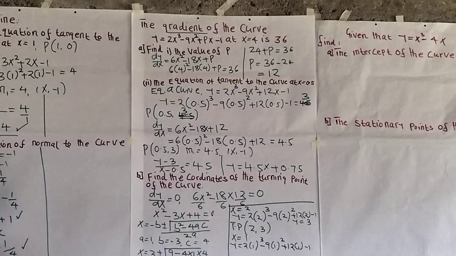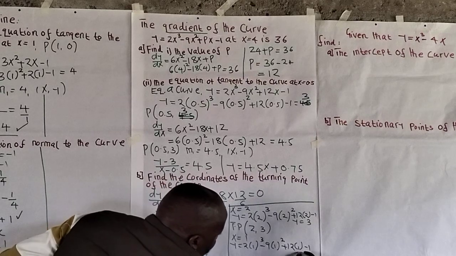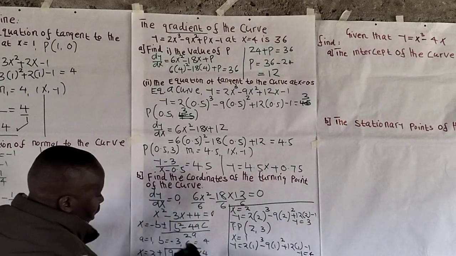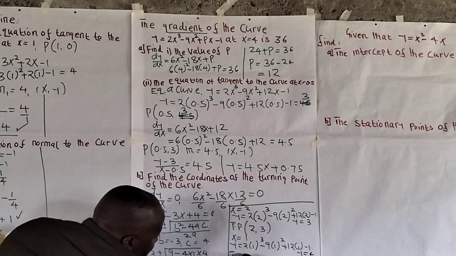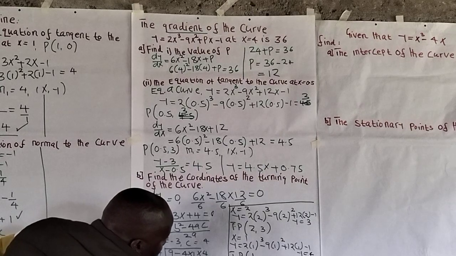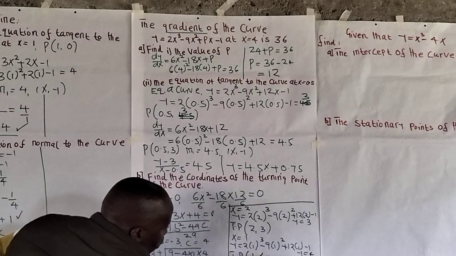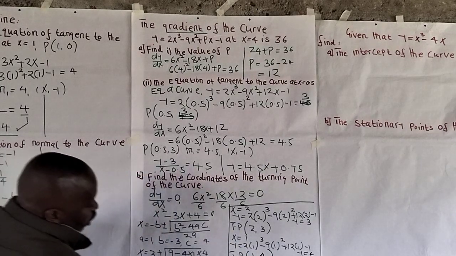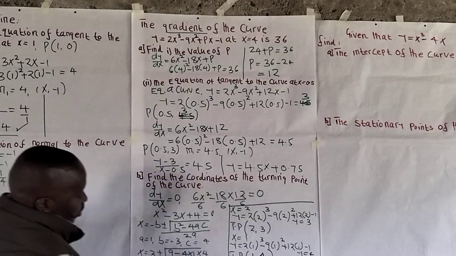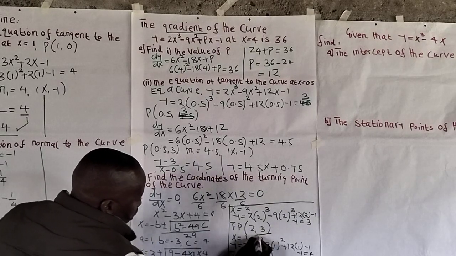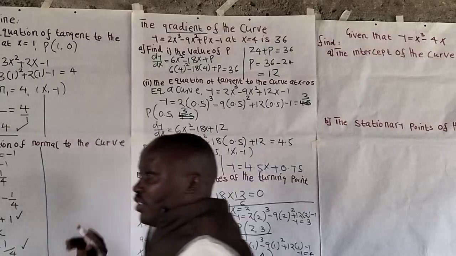If you substitute that, you get that the value of y is equal to 4. So the second turning point of the curve is x equal to 1, y equal to 4, and that is the first turning point of the curve.